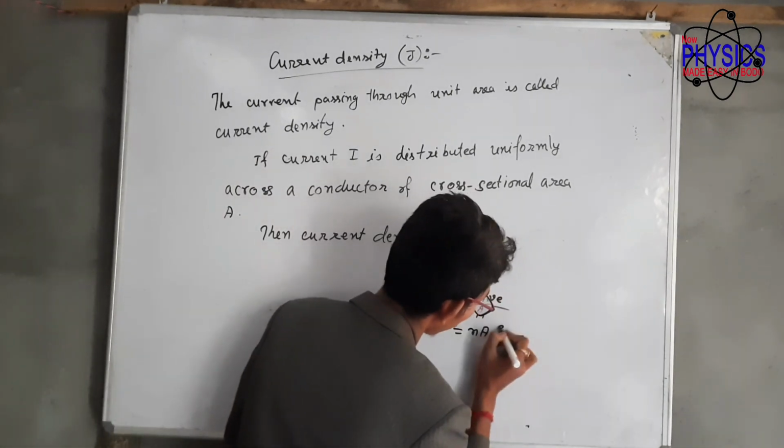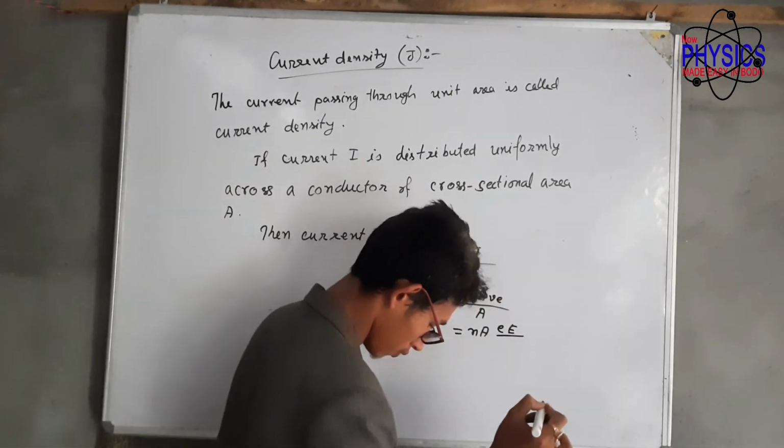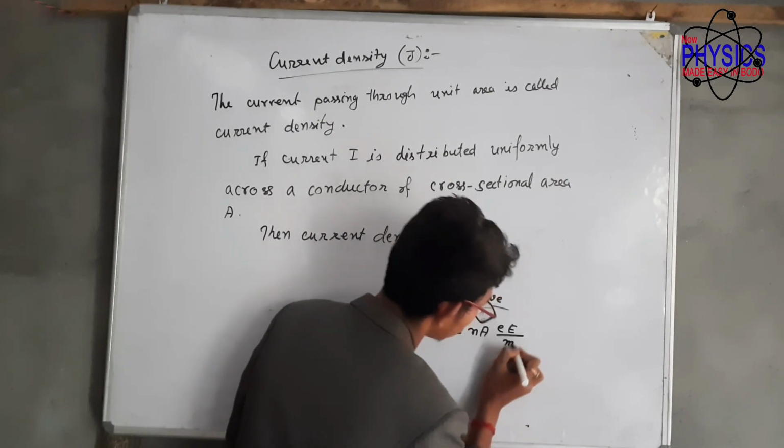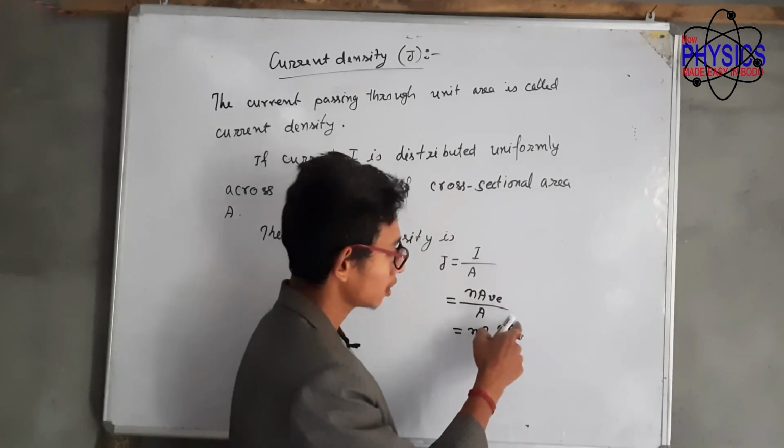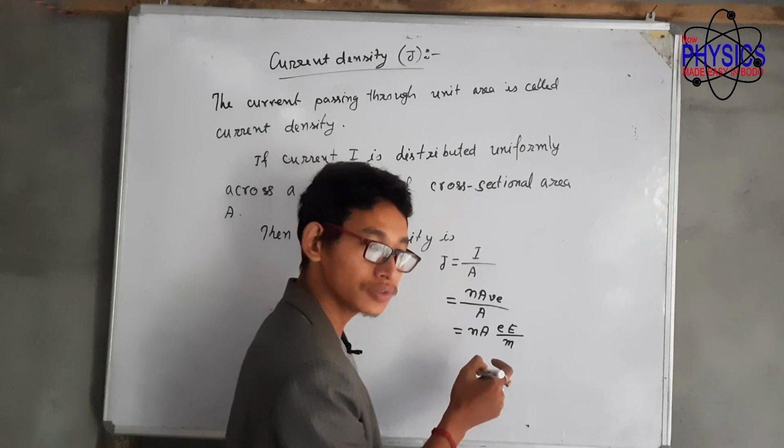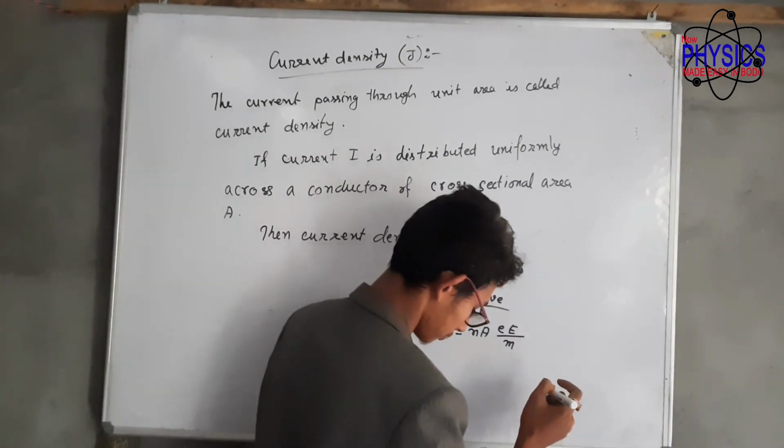This is equal to e E by m, where m is the mass of the electron, e is the charge of the electron, and capital E is the applied electric field.